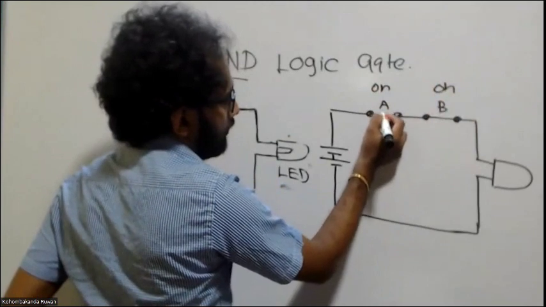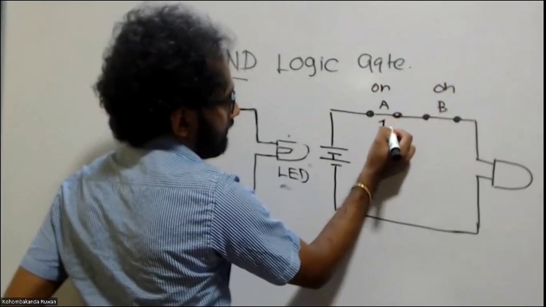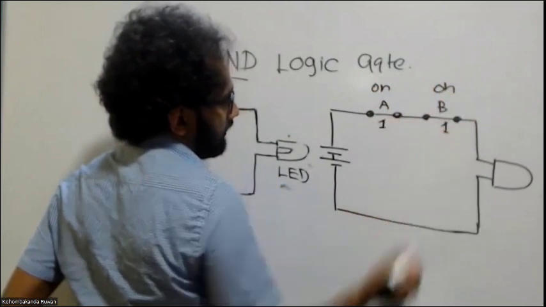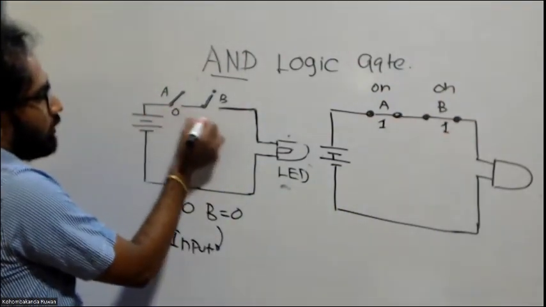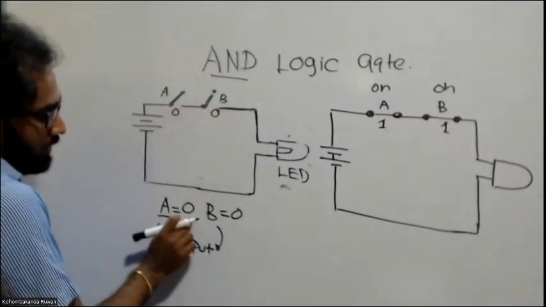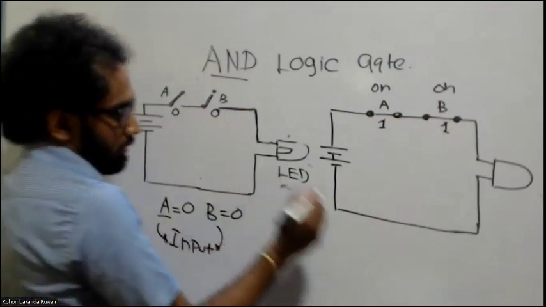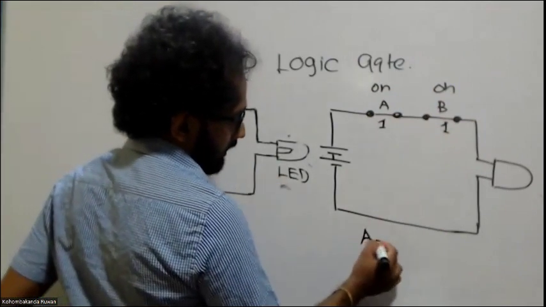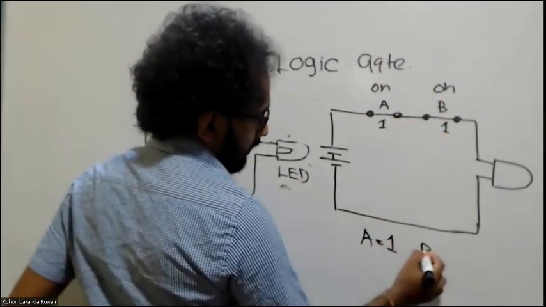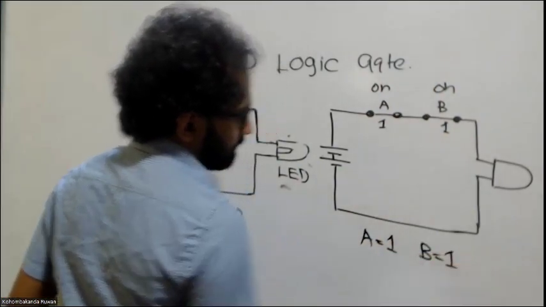That means both are 1. Here both are 0: A equals 0, B equals 0. Here both inputs are A equals 1, B also equals 1.